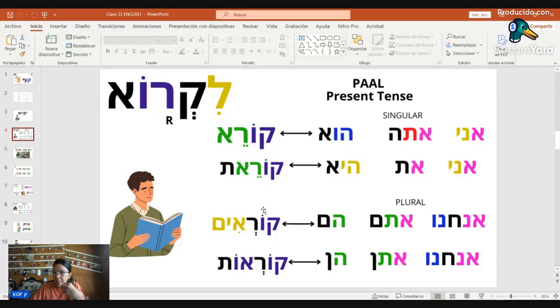Le'ehol, to eat: ohel, ohelet. Le'ehov, to love: ohev, ohevet. So it's easy. Once you know it's a regular pa'al, you know you have to add tav at the end.